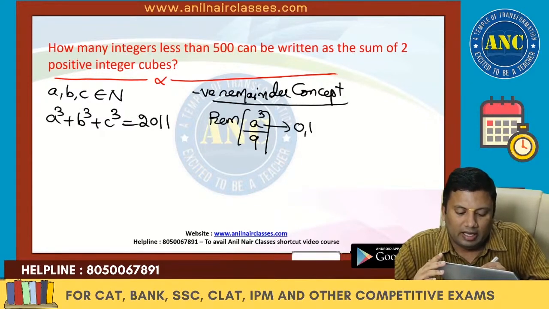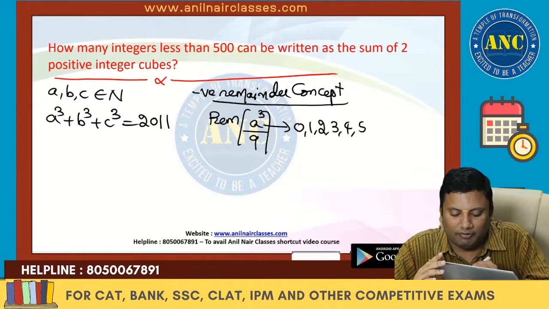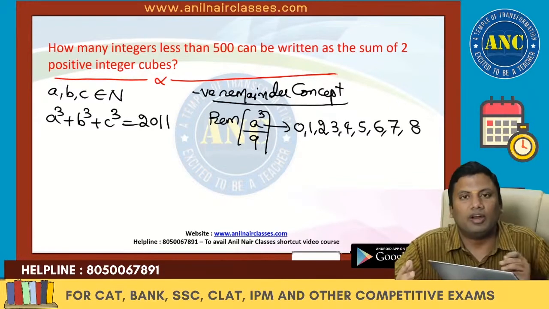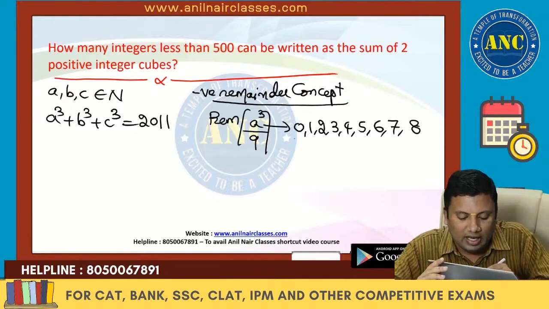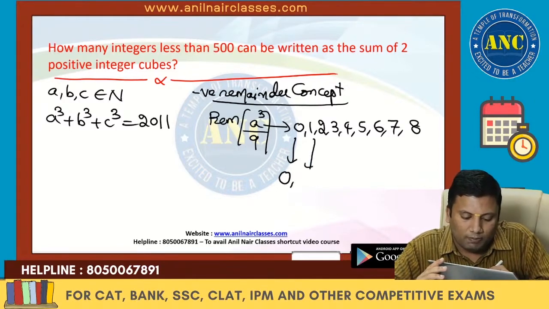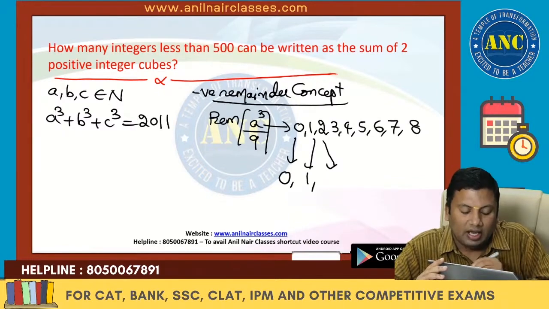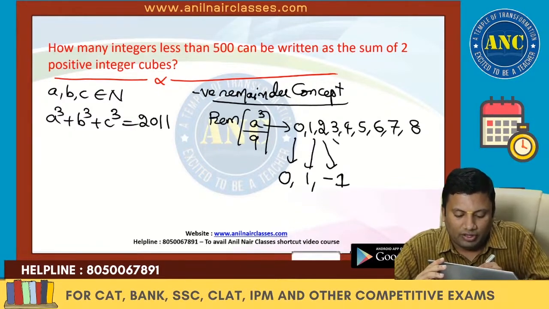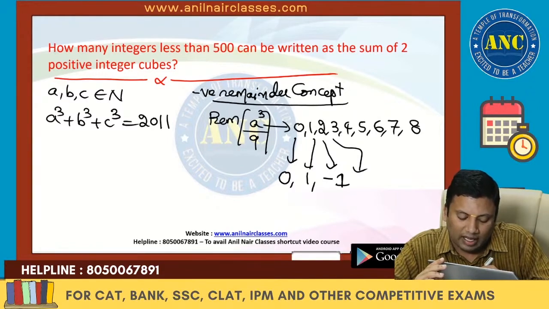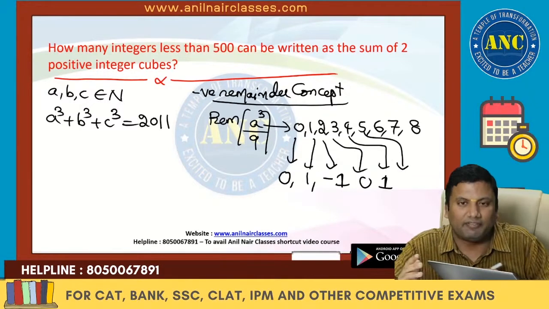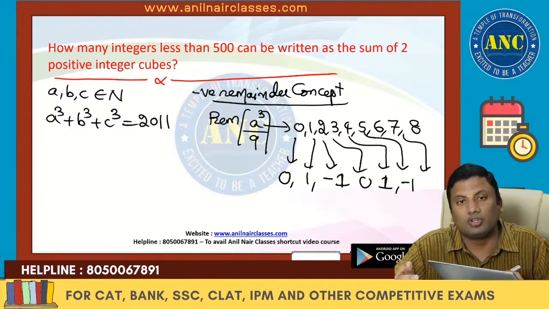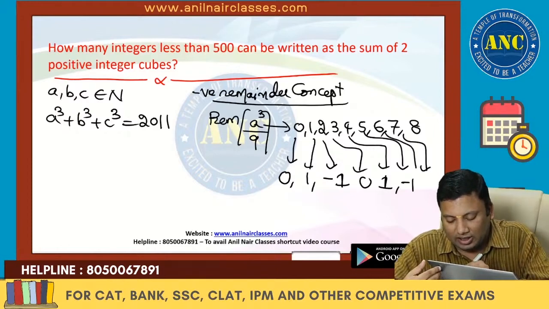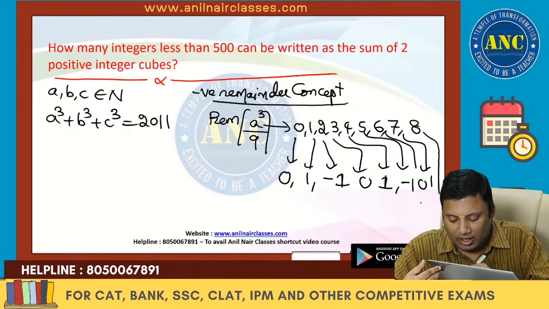When you divide any number by 9, the possible remainders are 9 remainders from 0 to 8: 0, 1, 2, 3, 4, 5, 6, 7 and 8. 0 cube by 9, 0. 1 cube by 9, it is 1. 2 cube is 8, which is minus 1. 3 cube is 27, 27 by 9, it is 0. 4 cube is 64 by 9, which is 1. 5 cube is 125, digital sum is 8, which is minus 1. 6 cube is 216, divisible by 9, which is nothing but 0. This is 1 and it is minus 1.